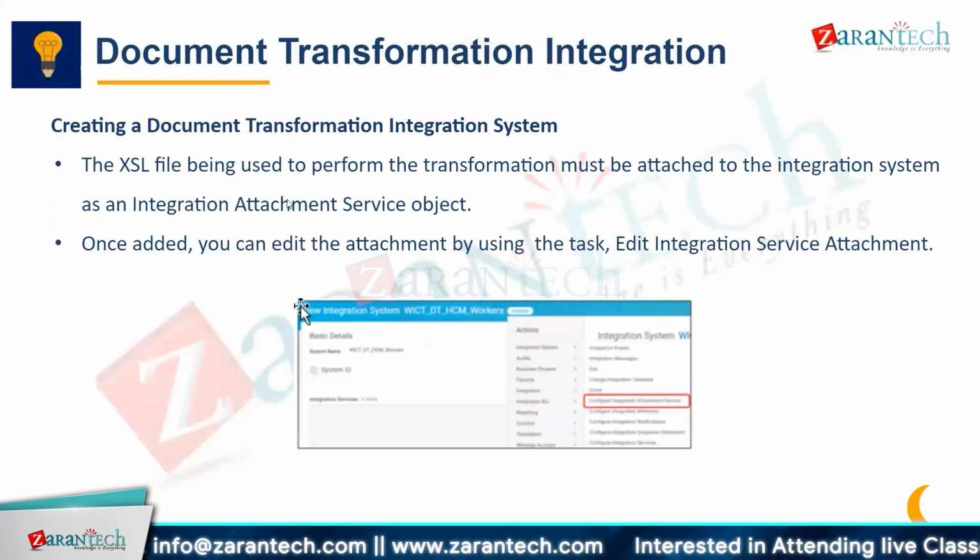So creating the document transformation integration system. So the XSL being used to perform the transformation must be attached to the integration system as an integration attachment service object. Once you add it, you can edit the attachment by using the edit integration service attachment.